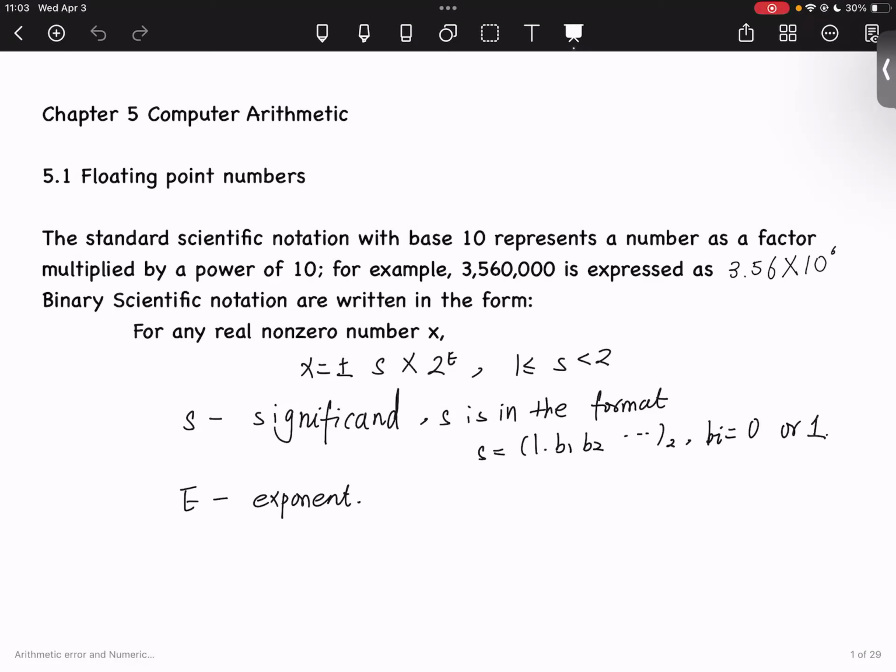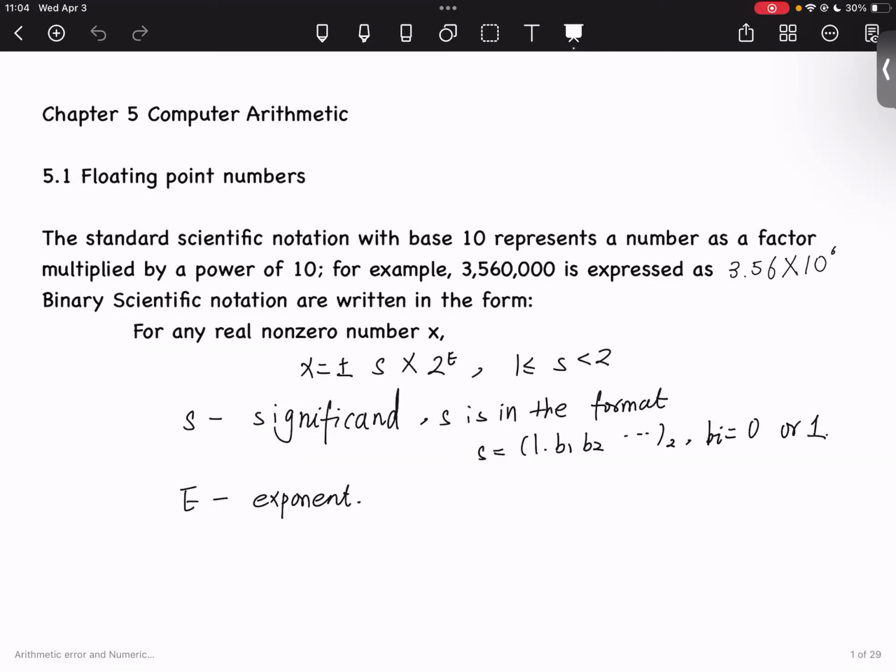For example, we represent the number 356100000 by extracting the significant number, which is 3.56, and multiplying it by a power of 10, here to the order 6. You don't need to take all the notes because I will post the notes to Canvas.